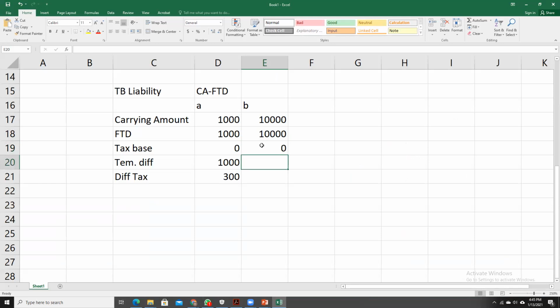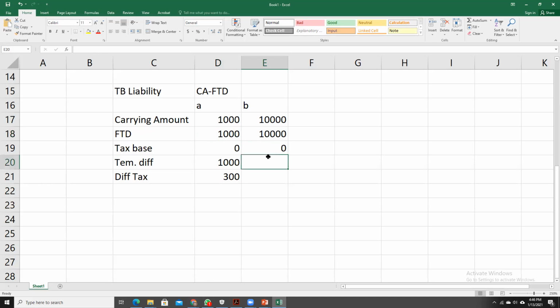Most of the students are confused here. It's a revenue received in advance. For that, the rule is different. We have to deduct the amount that will not be taxable. But in the case of accrued expenses, we have to deduct future tax deductions. For revenue received in advance, we have to deduct the future amount not taxable.